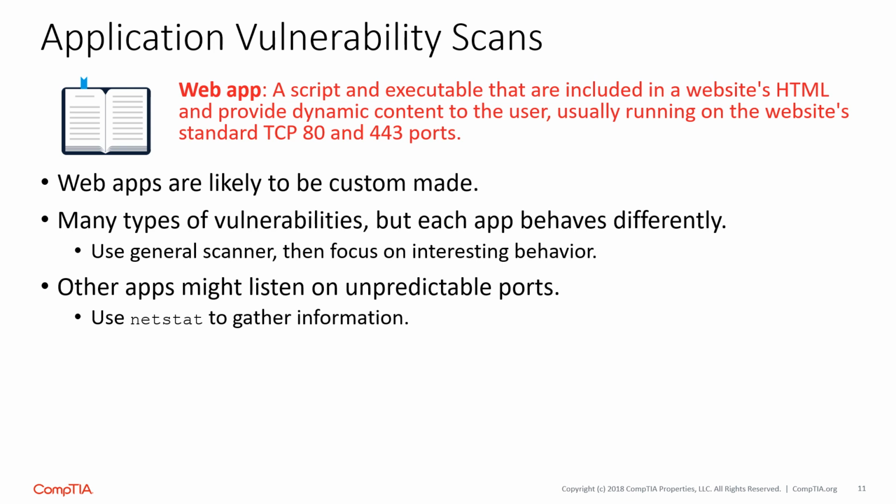There are whole categories of web app vulnerabilities, but individual apps will behave differently from each other. An advanced pen tester might opt for testing for interesting behaviors by the web app, in addition to using a pre-scan vulnerability scan.